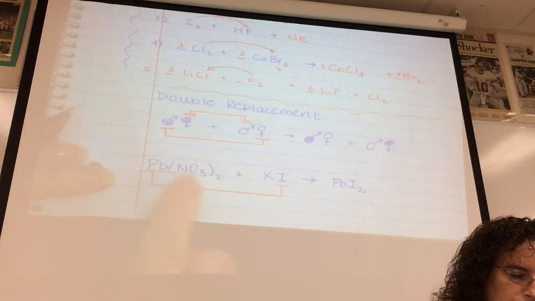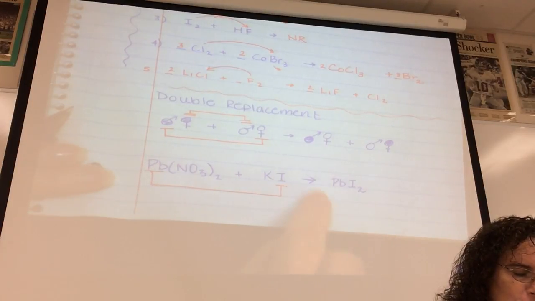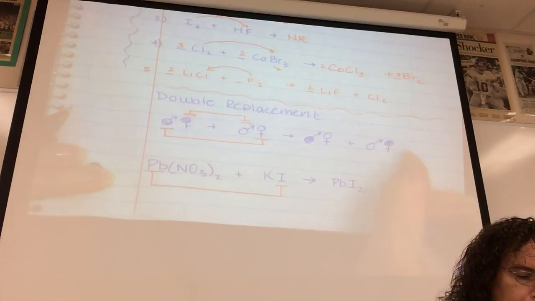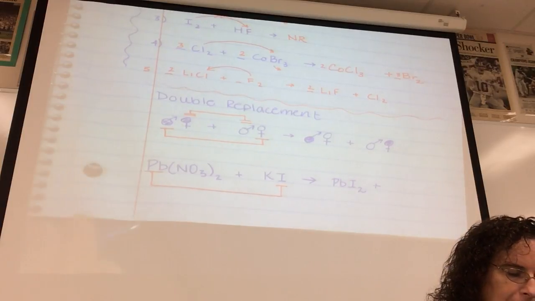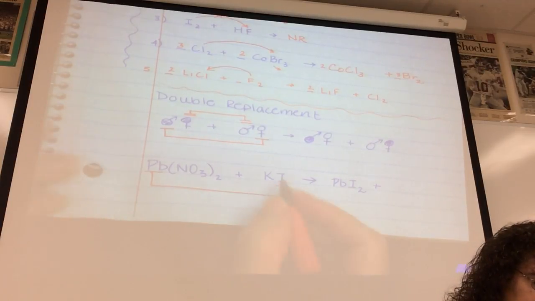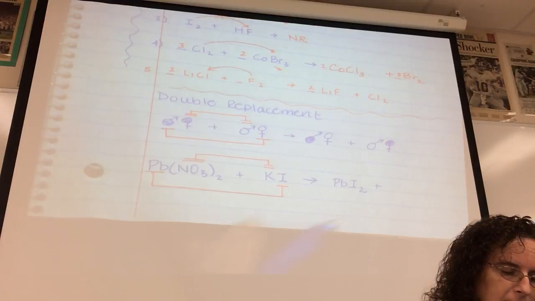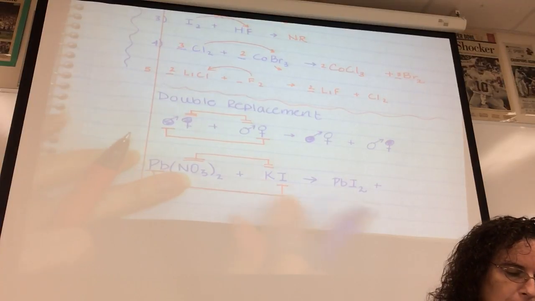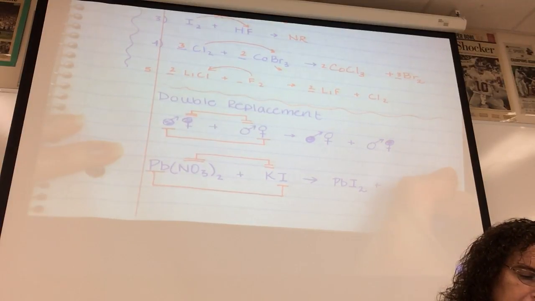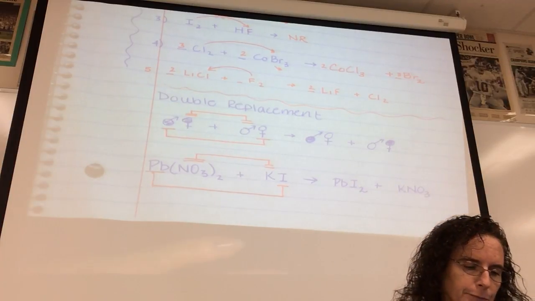Lead had a 2+ charge here, which you can get from here. 1-. Formula write that product. And now you put the insides together, always starting with the metallic cation first. Potassium 1+, nitrate 1- is potassium nitrate.